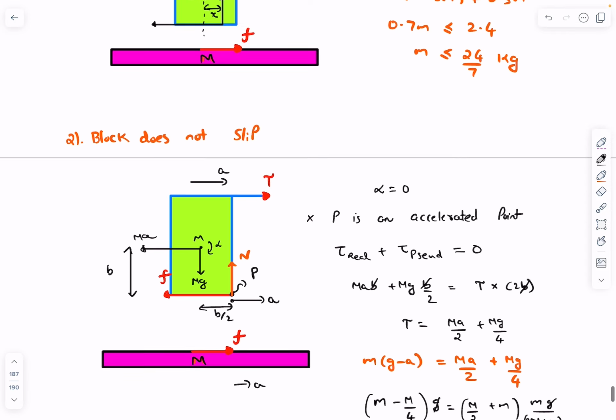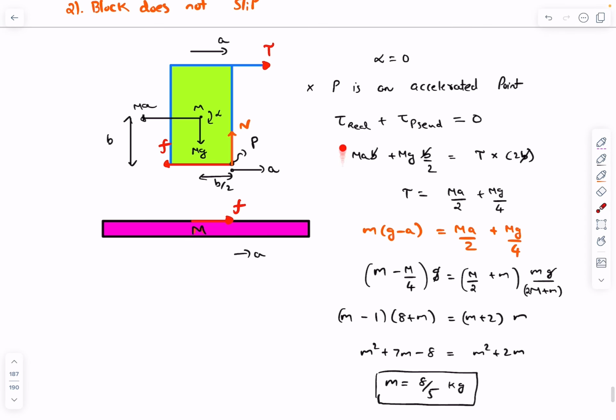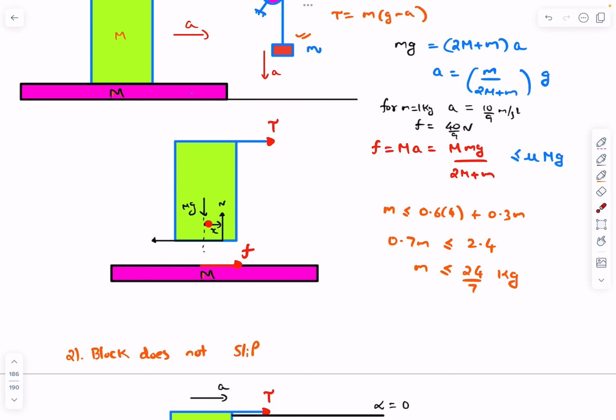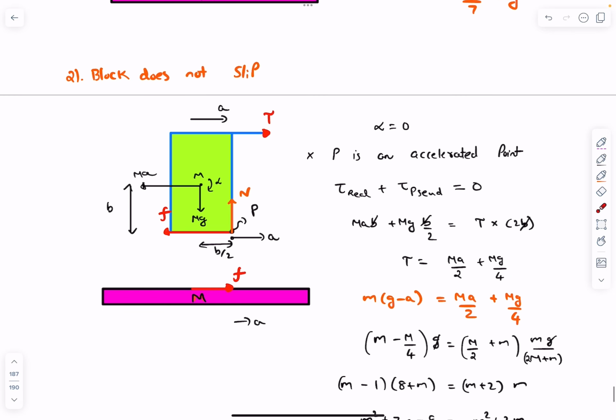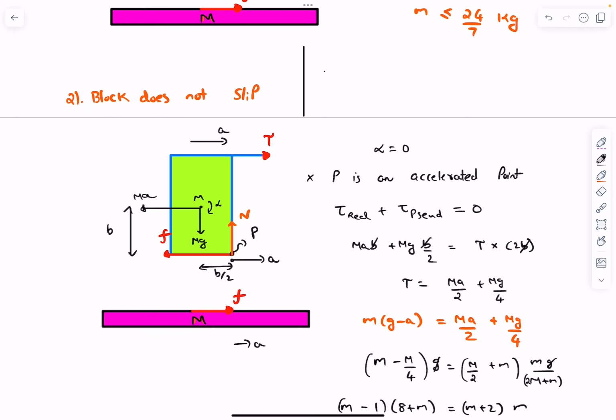The only difference in this expression is that the torque of T doesn't change. The only torque that changes is the torque of mg. Now it will be mg multiplied by x instead of mg multiplied by b by 2, right? So the equation changes to mab plus mgx equals T times 2b.